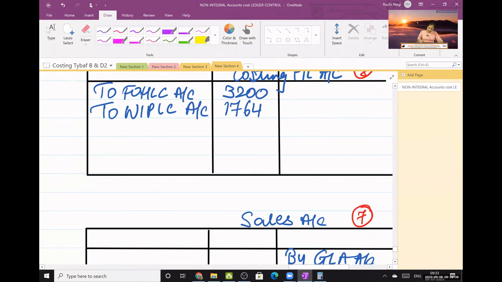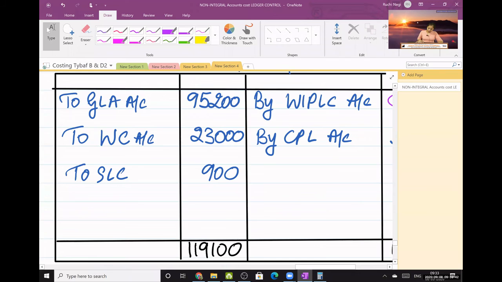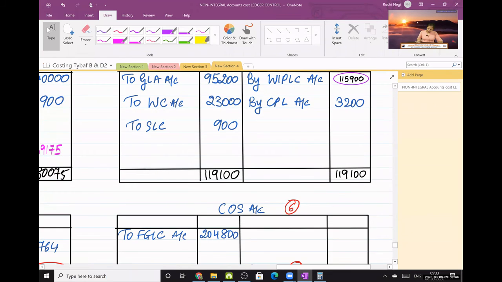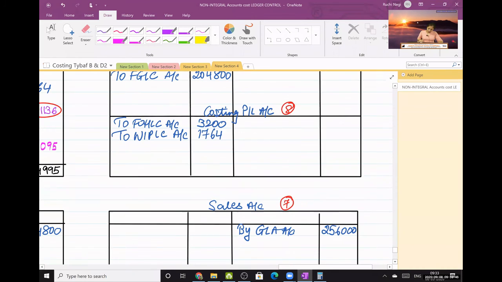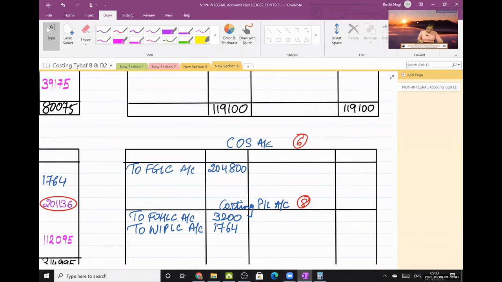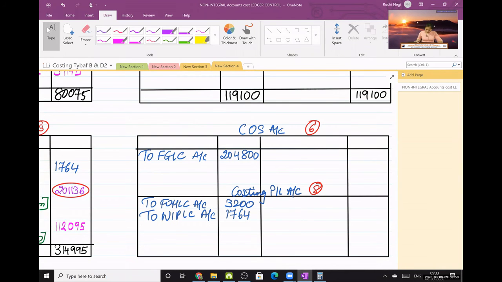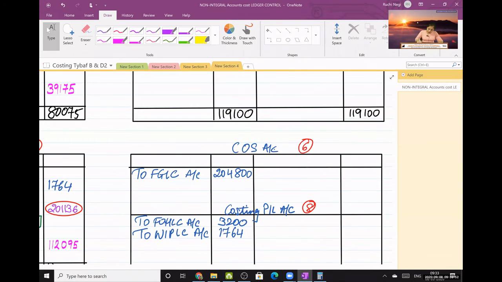Next come to FOH. FOH was closed first of all. Come to COS, cost of sales. Close this ledger.